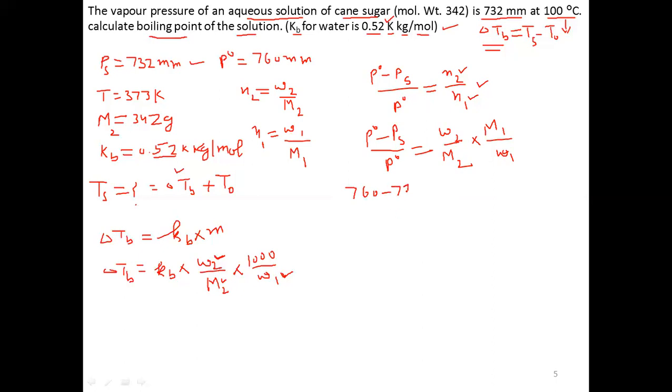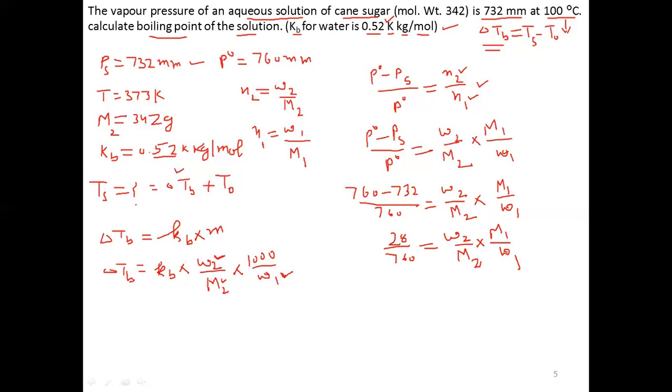Ps is 732. So 760 minus 732 divided by 760 is equal to W2 divided by M2 into M1 divided by W1. So 760 minus 732 is 28.